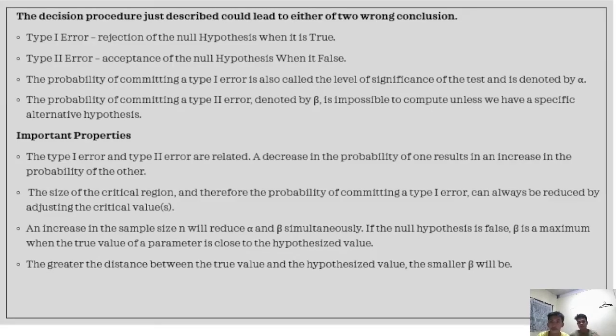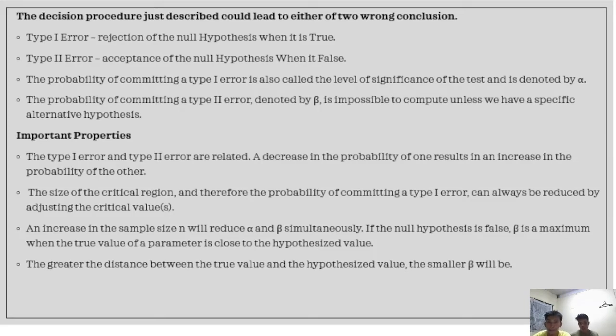The decision procedure just described could lead to either of two wrong conclusions. Type 1 error: rejection of the null hypothesis when it is true. Type 2 error: acceptance of the null hypothesis when it is false.